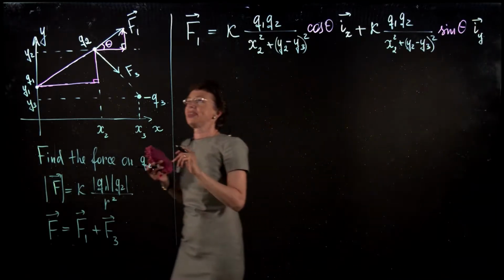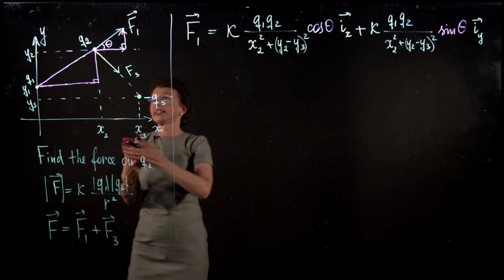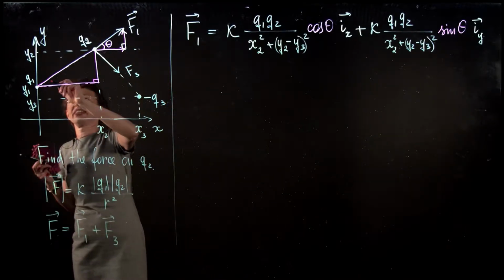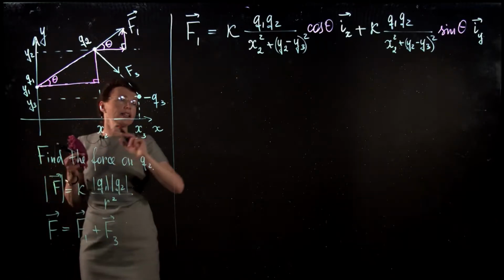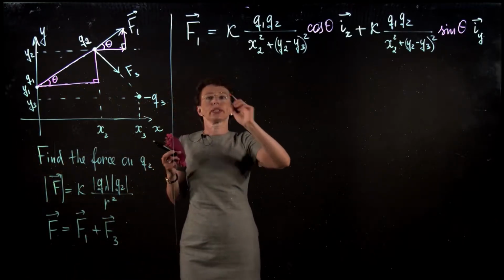So what is sine theta and cosine theta? This angle is theta, then this angle is also theta, and we will use this triangle to find sine theta and cosine theta.